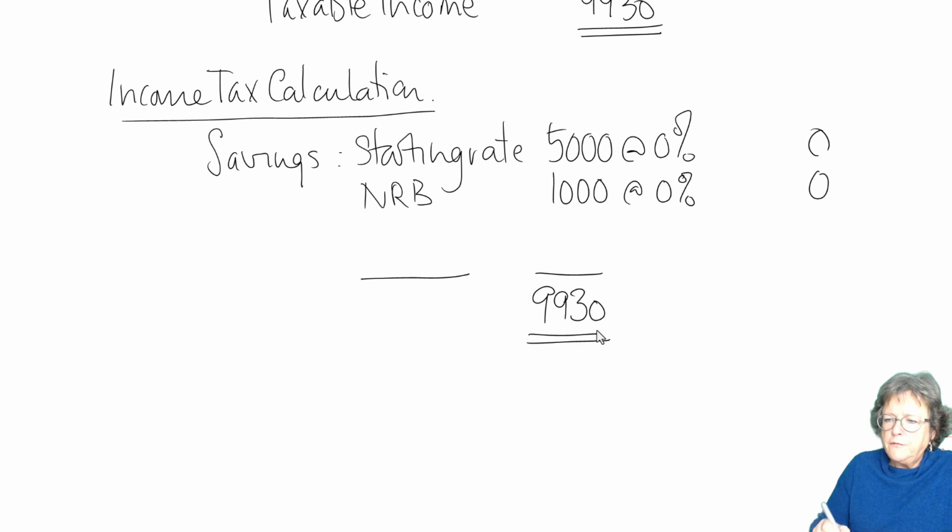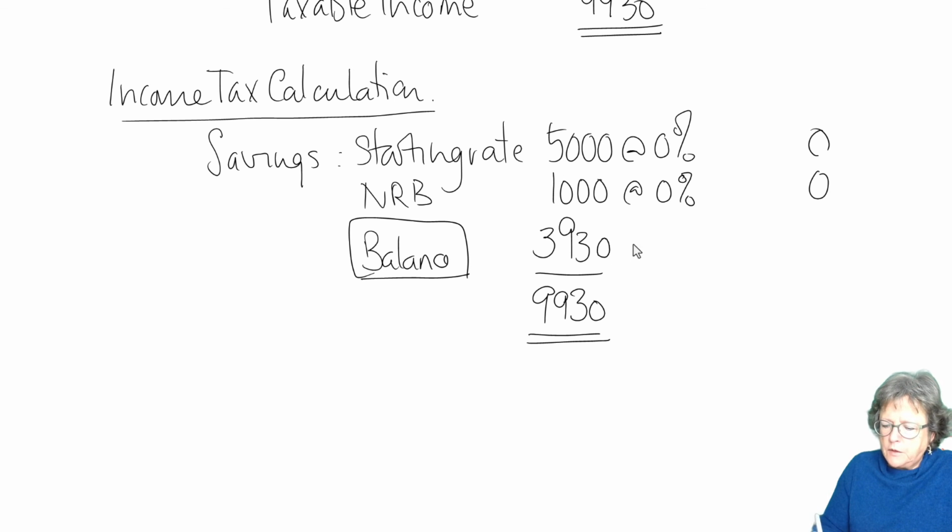So therefore the balance, and again, the balancing figure, we've already taxed 6, so we're looking at £3,930 will be taxed at basic rate. This is top slicing. This is what the technical term is. So that comes to 9,930 in total. We will tax 3,930 at 20%, and that comes to £786.